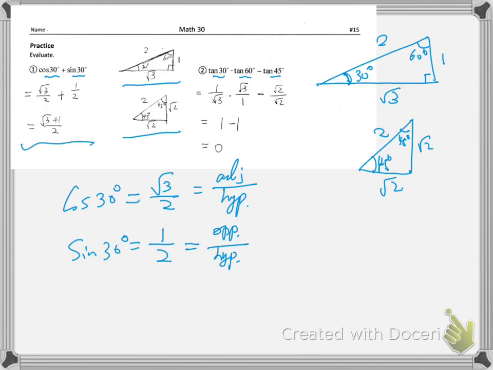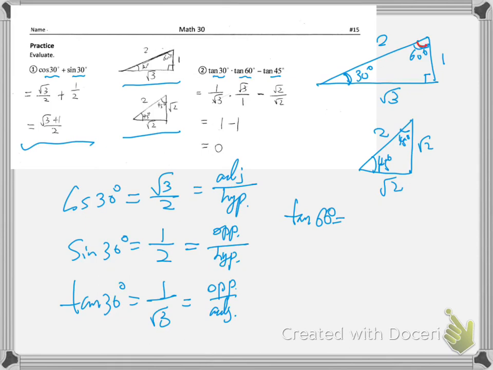Okay, first question. So tangent 30 is opposite over adjacent, and then tangent 60. For tangent 60, you have to look at this angle, 60.